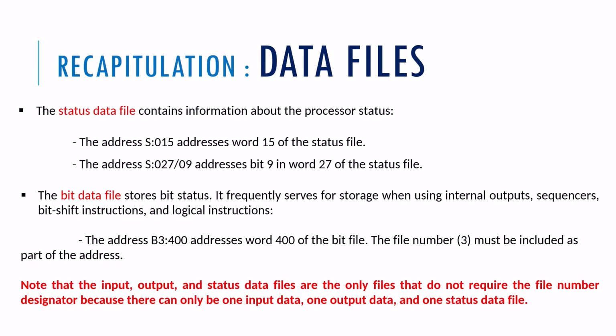Suppose you have two particular output conditions that are to be compared, and finally the result has to be reflected in an output. Output 1 is dependent on 16 different inputs, whereas output 2 is dependent on 8 different inputs.